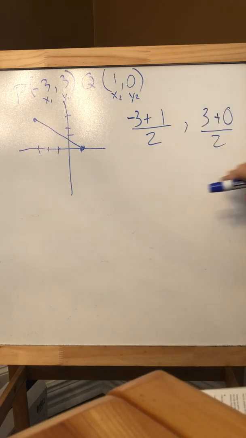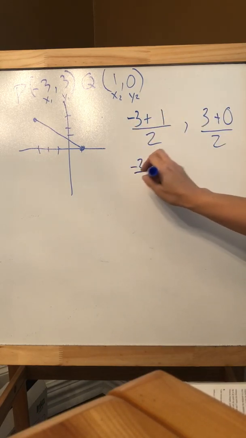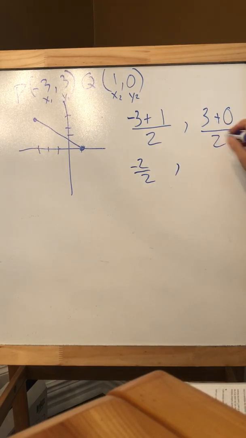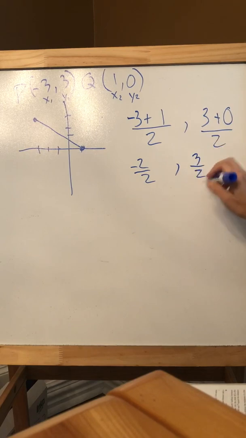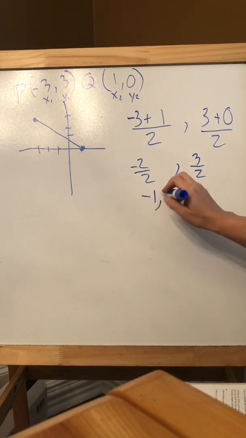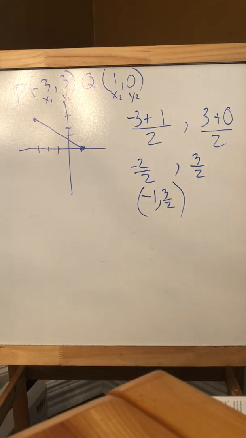So now we're just gonna solve. -3 plus 1 is -2 over 2 for our X value. And for our Y value, we have 3 over 2. So -2 over 2 is -1 and 3/2 is going to be our coordinates.